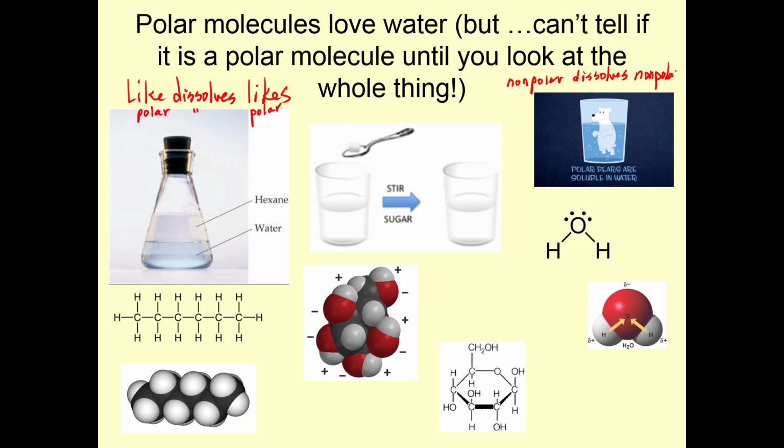So let's see what happens when we mix hexane and water. Uh-oh, we get 2 layers. Hexane is nonpolar as a molecule, and water is polar. Sugar has a lot of polar bonds, a lot of OHs.